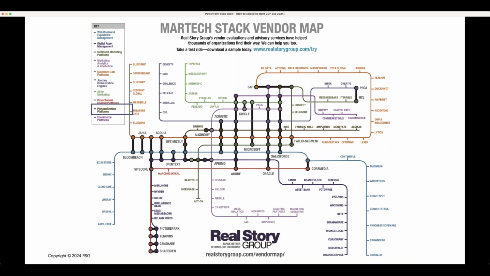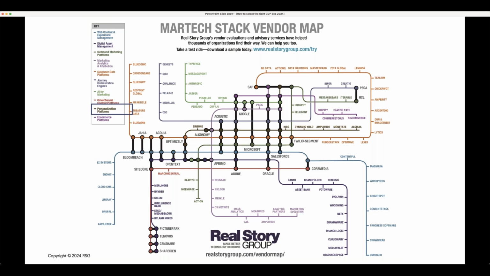So we are covering today not personalization platforms, but customer data platforms. That's the orange line on this MarTech stack vendor map. This is where we show all of the different vendors that Real Story Group evaluates in our hard-hitting vendor evaluations. And we decided one way to organize the 160 or so vendors was to do this kind of would-be subway or tube map.